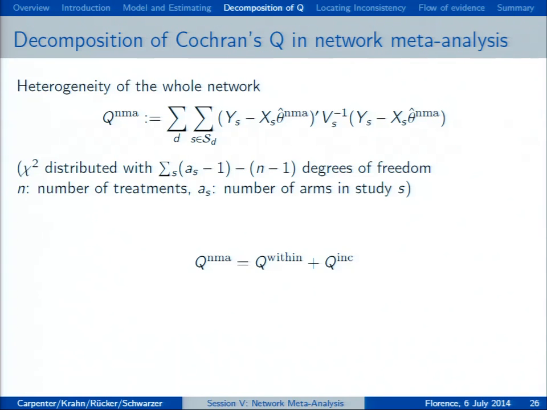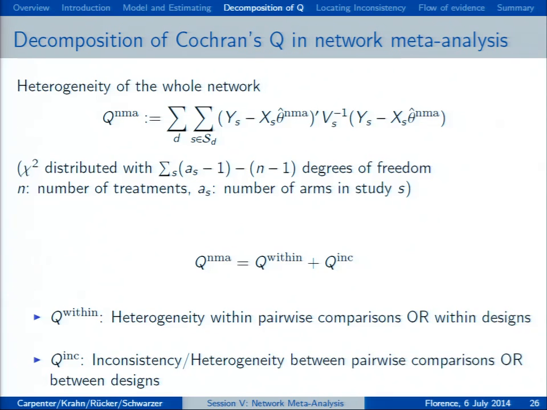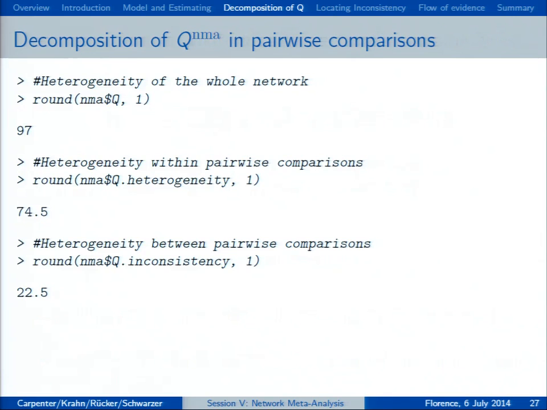Okay, this Q statistic for the heterogeneity in the whole network can be decomposed, so that we have a Q statistic for the heterogeneity within designs, or alternatively within pairwise comparisons, and a Q statistic for the heterogeneity, also called the inconsistency, between pairwise comparisons or between designs. We can obtain these Q statistics with the netmeta package.